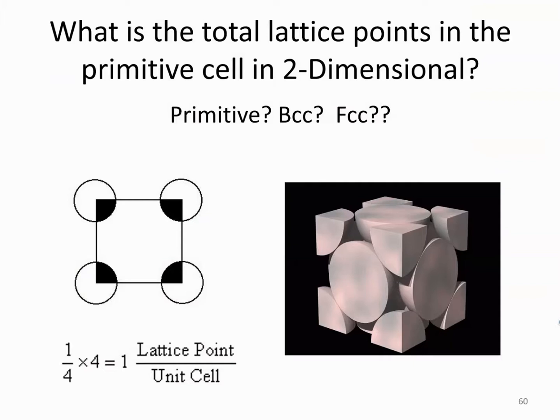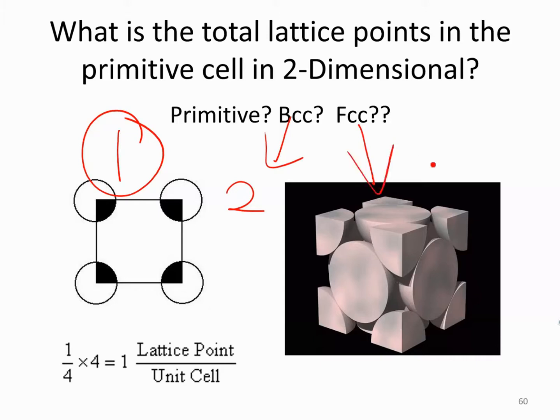Okay, so this is a short test, not a test but a short quiz. What is the total number of lattice points in the primitive cell in a two-dimensional cell? For the primitive, 1, BCC, 2, FCC, 3, right?